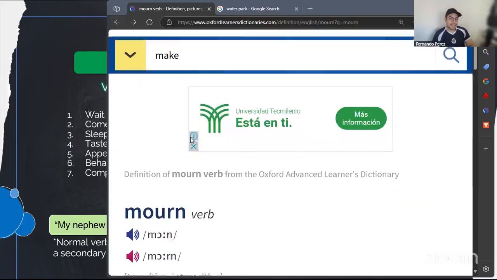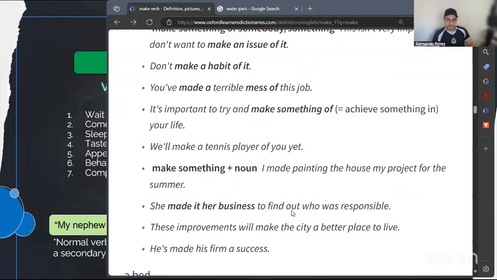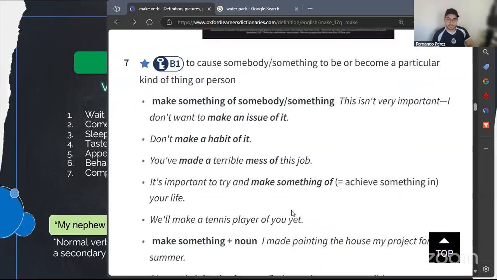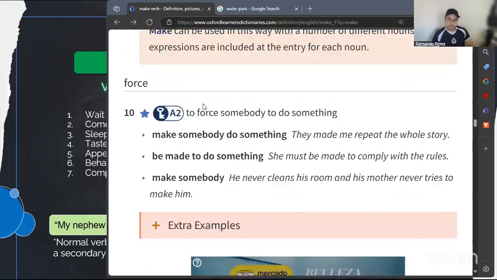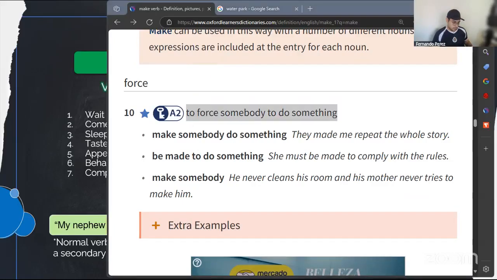Cuando te fuerza a alguien a hacer algo, they make you do something. This is an A2 application for make. To force. You see?